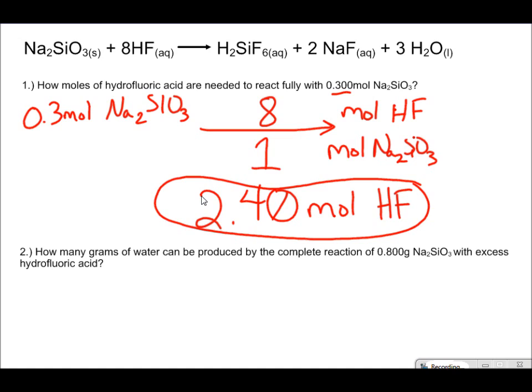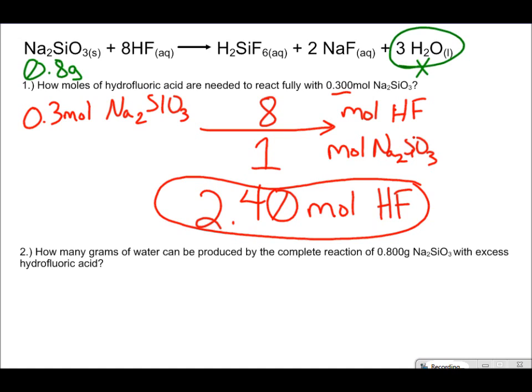So how many grams of water can be produced by the complete reaction of 0.8 grams of sodium silicate? I'm looking for this. So again, I have 0.8 grams of this, and I need to figure out how many grams of water are going to be produced.